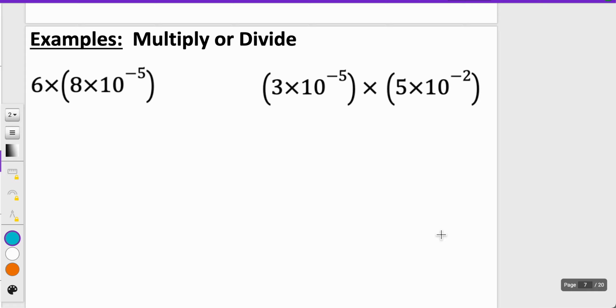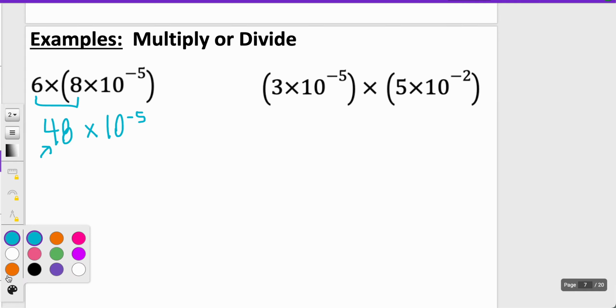We have 6 times 8 times 10 to the negative 5th. So the first thing we would want to do is multiply our numbers. 6 times 8 is 48, and there are no other exponents we can combine 10 to the negative 5th with, so we will do 10 to the negative 5th. The only problem is now 48 is not in scientific notation, and in order to do that, we have to take our decimal and move it one time to make it 4.8.